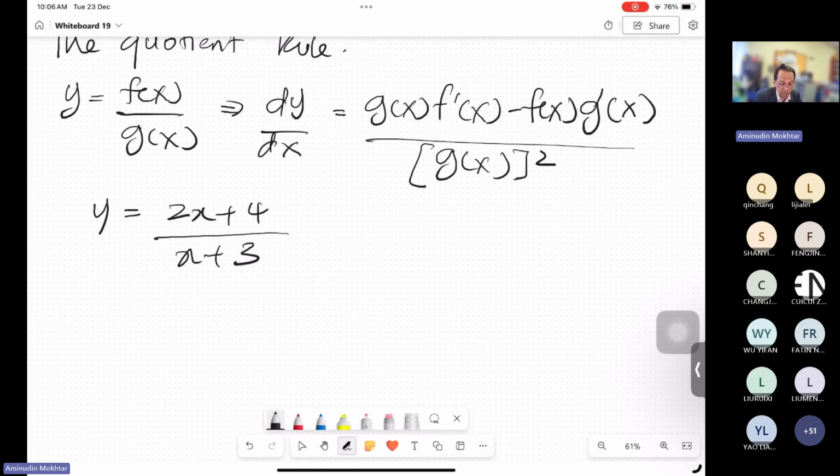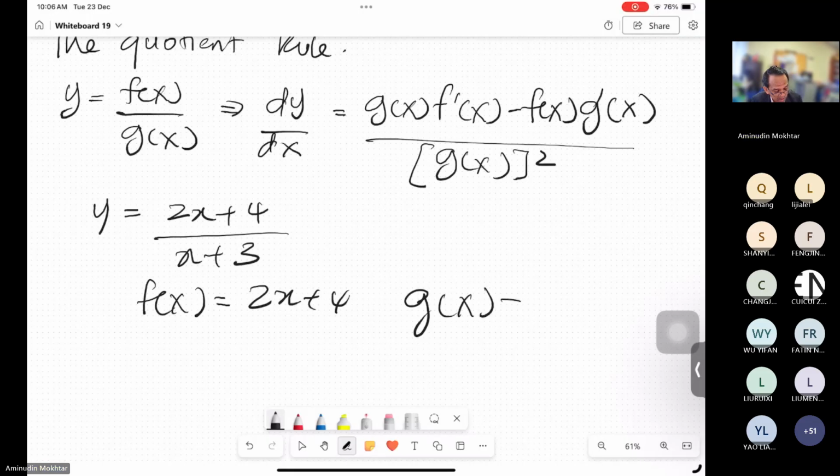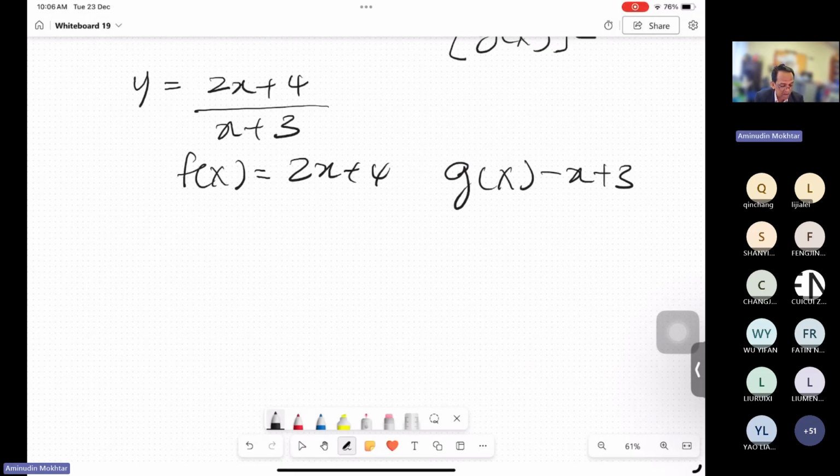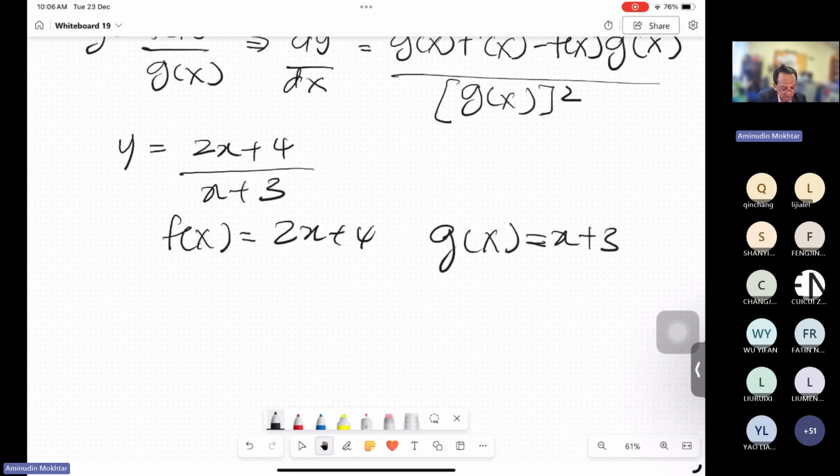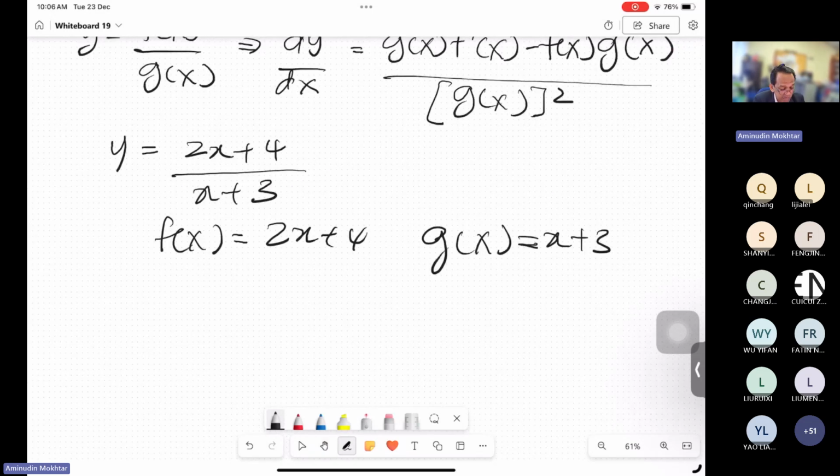In this case, we need to label what is f(x) and what is g(x): the numerator f(x) is 2x plus 4, and the denominator g(x) is x plus 3, before we can apply the first derivative.